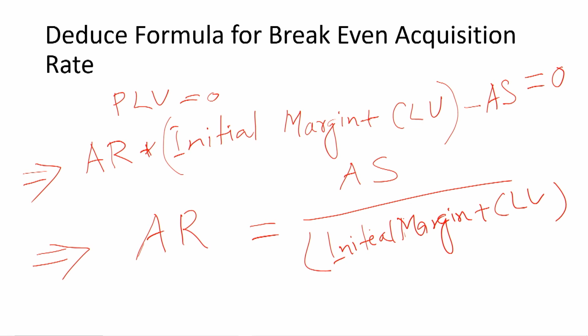So, your acquisition rate should have a minimum value of acquisition spending divided by the total value that is expected from an acquired customer, right. If you are getting a minimum value of this, that many percentage of customer prospects you have to convert.